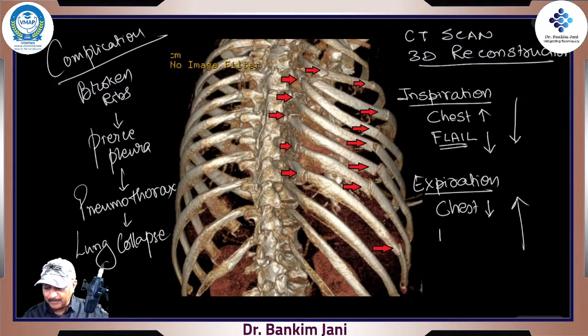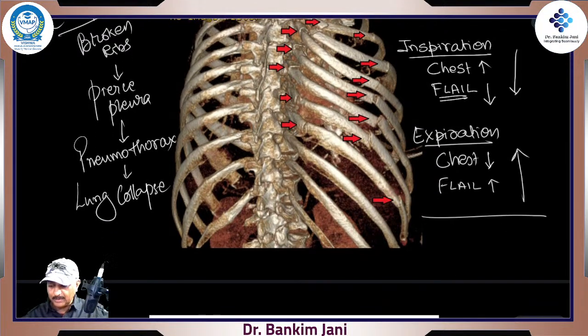At that time this flail, broken portion of the chest also tries to bulge out. This is the classical paradoxical breathing.